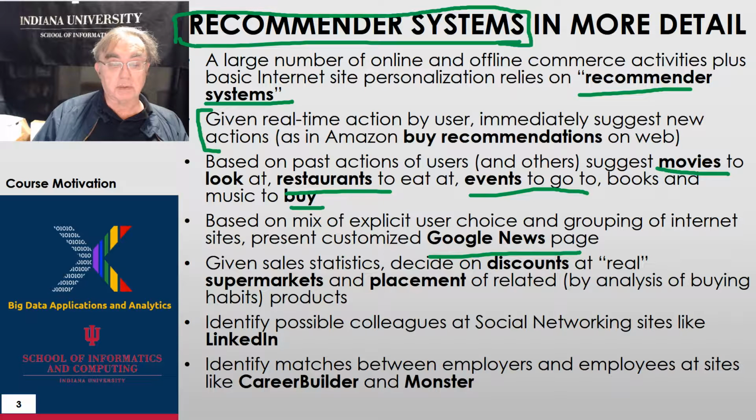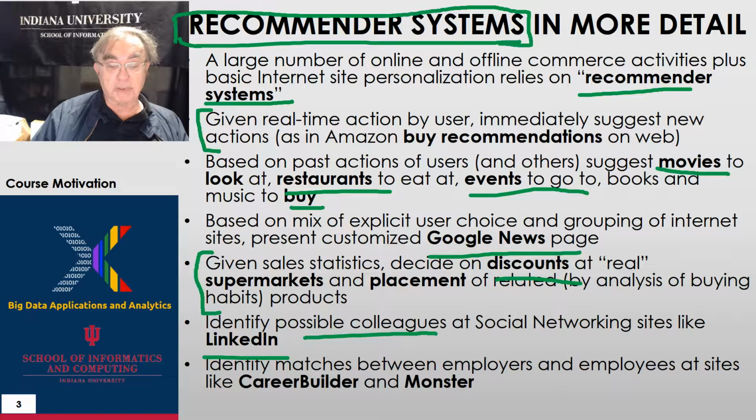And there's also some more sophisticated things which real supermarkets and online supermarkets do. You decide on discounts based on information you have on what sells well and what's not selling, and that's again done by an analysis of existing habits. We have LinkedIn or Facebook.